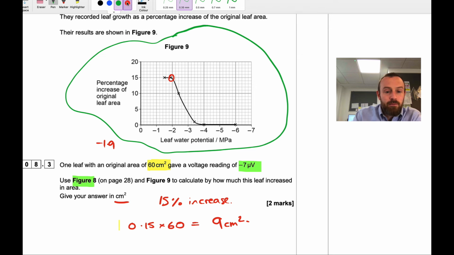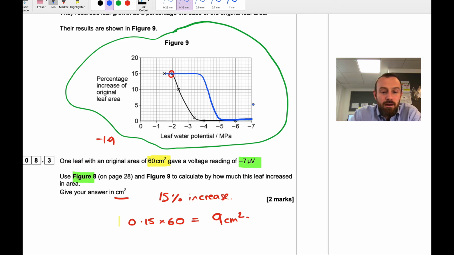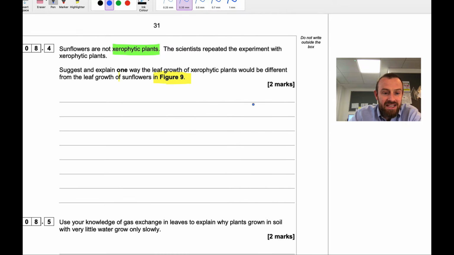So I would imagine that this line, instead of going like this, maybe it would extend further this way, like that. It would have a sort of similar shape, but the plants could just tolerate a lower water potential and still grow reasonably well. So how would I describe that in words? It says suggest and explain.